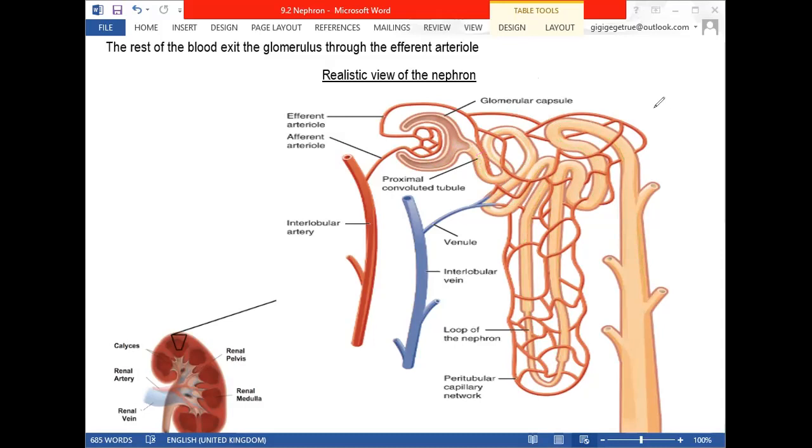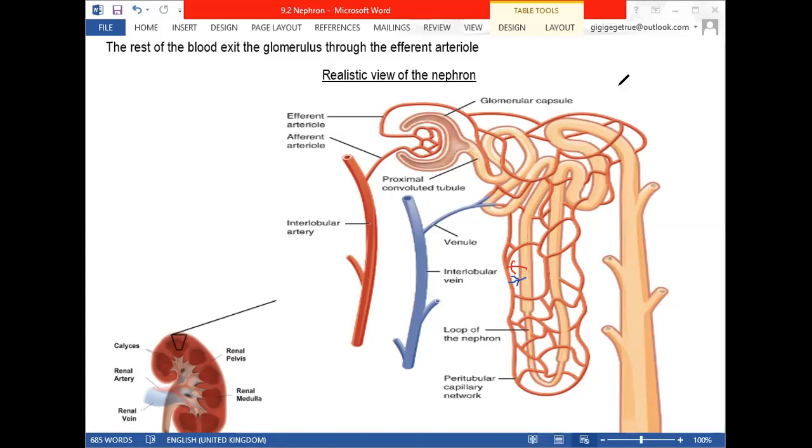On the other hand, if you move from the blood into the renal tubule, this is secretion.